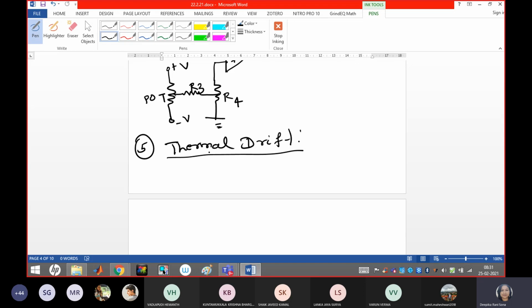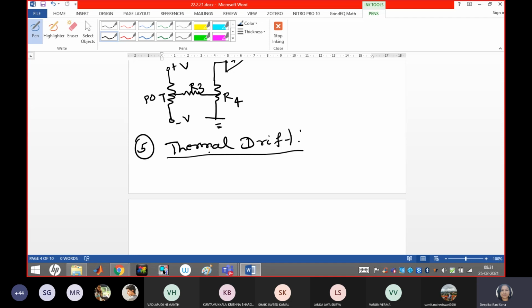So if you turn on the IC with the power supply only, they will produce the output voltage. But if you keep the power supply on, they may produce heat. That is called thermal drifting, or the definition of thermal drift is change with temperature.